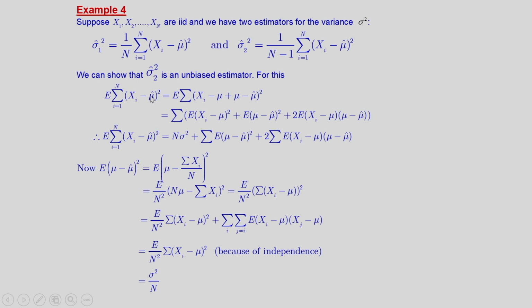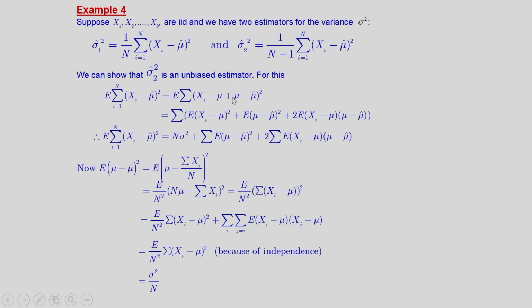For this, we will consider what is E of xi minus mu hat whole square. First, we will determine E of xi minus mu hat whole square, i going from 1 to n, and we will write it in terms of mu. So that way, xi minus mu plus mu minus mu hat whole square. Now we can expand this quantity. The first term will be E of xi minus mu whole square.